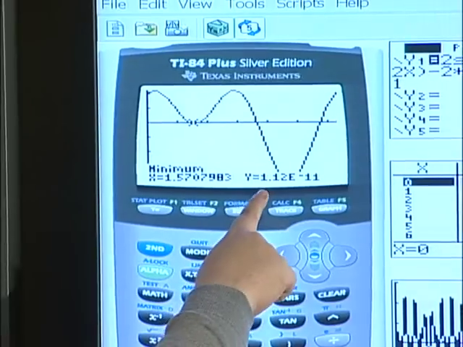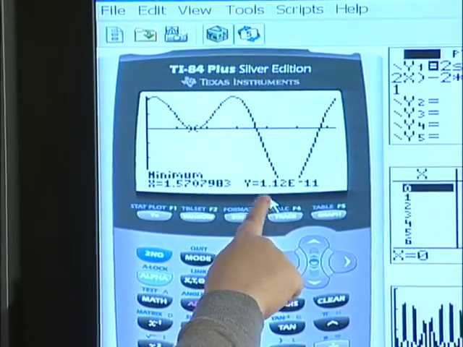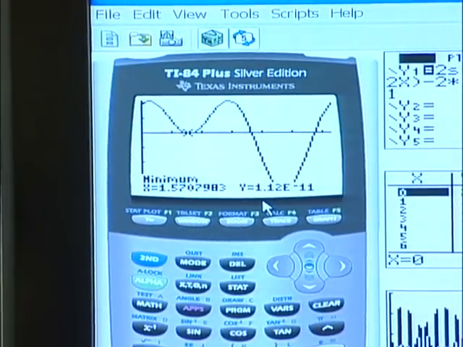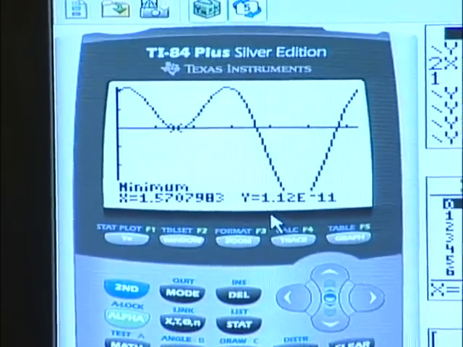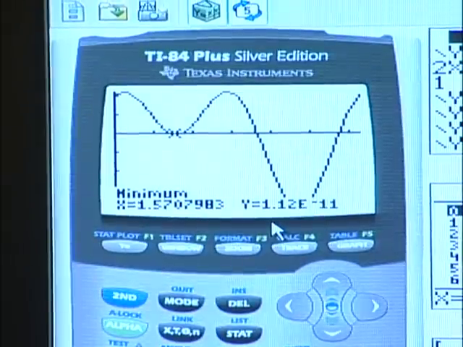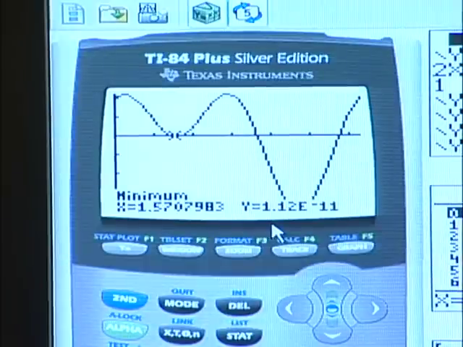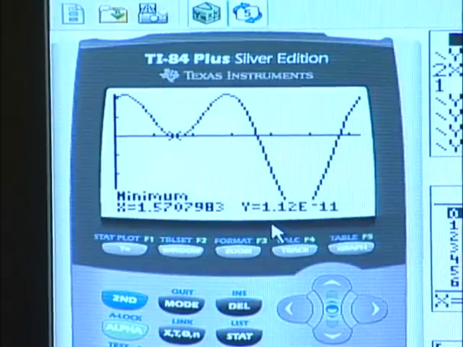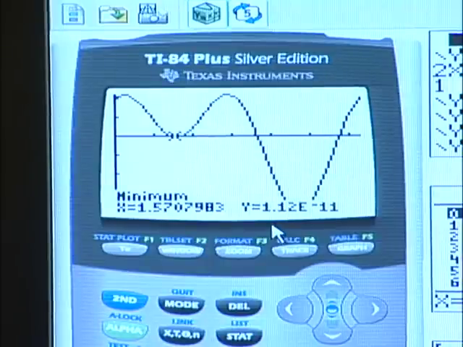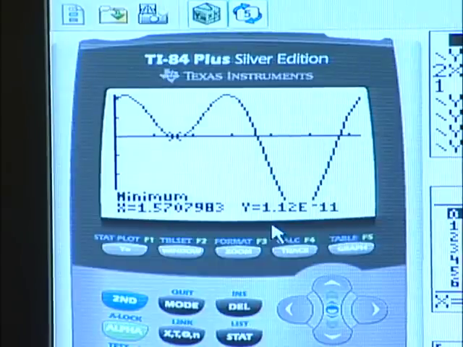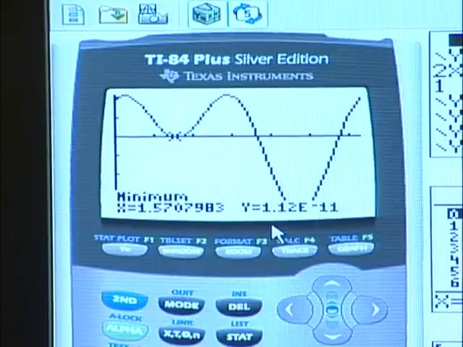Okay, we see that the y value here is 1.12 times 10 to the minus 11. Well, this is actually a very minor calculation error. Such small values can be interpreted as 0. So, our first x-intercept is 1.57. And twice 1.57 makes 3.14, which is nothing but pi. So our first 0 is pi over 2.